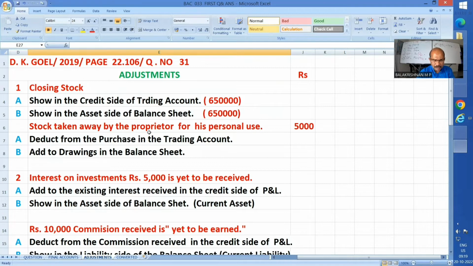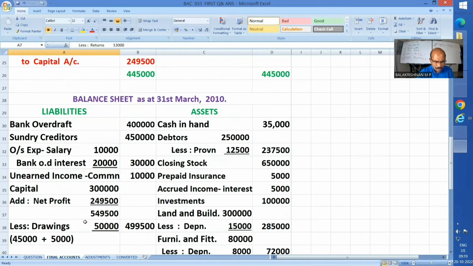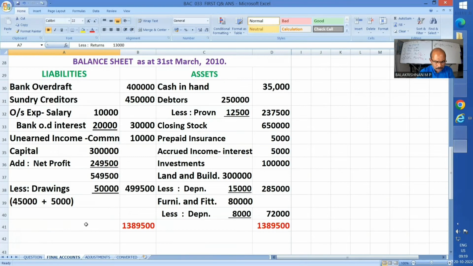Stock taken away by the proprietor for his special use. Okay, that double entry action here. So total drawing is 50,000. And this minus this, 4,99,500 is the latest capital. And liability side total is 13,89,500. Fine. Cash in hand as it is, debt is less provision already explained. Also stock, prepaid insurance we have worked out.